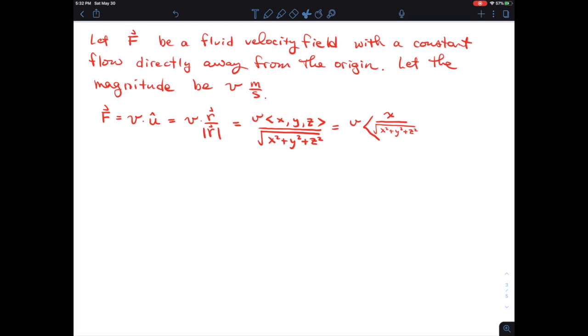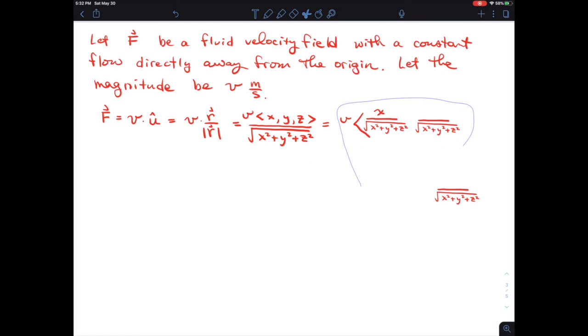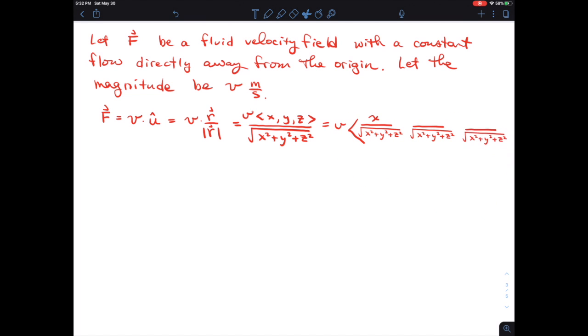Okay, so I don't know if I can squeeze in a y and a z like that. So let's see what happens. Here's my y, and then can I put a z in? I don't know. Not quite. So I'm going to make some space here. I think that'll work. Okay, and of course we got the x, the y, and the z on top of those guys, separated by commas.